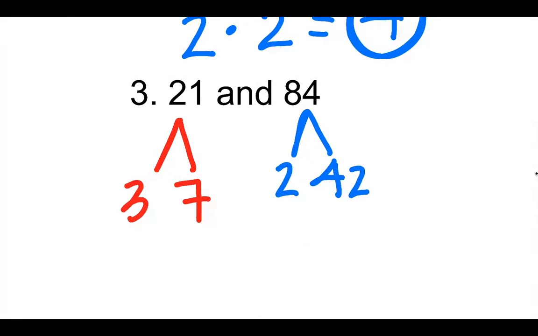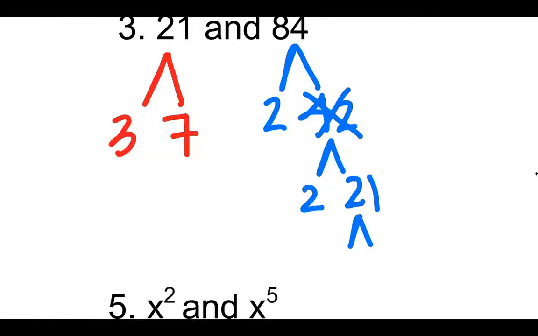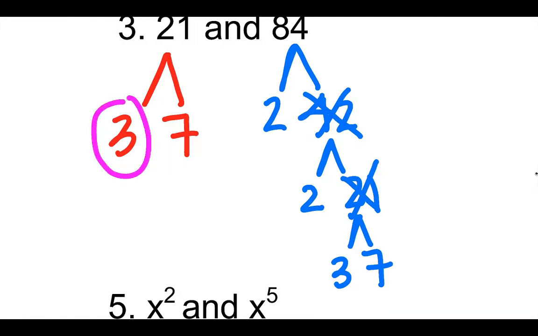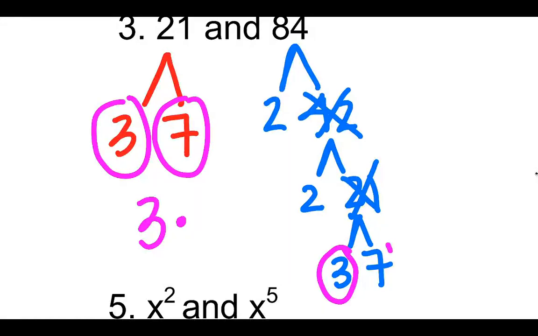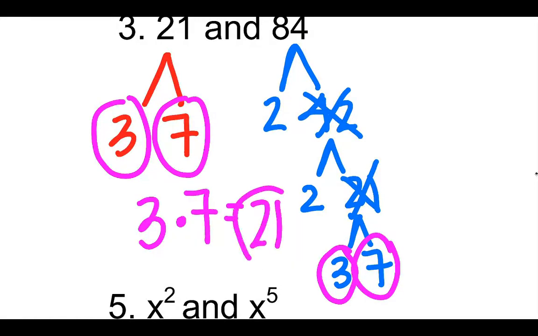Then 42 I can break down to 2 and 21. So I'm done with 42. Then 21 again, we just did that one, is 3 and 7. So then when I go to pull things out, I can pull out a 3 from both of them. And I can also pull out a 7 from both of them. So the largest shared divisor would be 21.